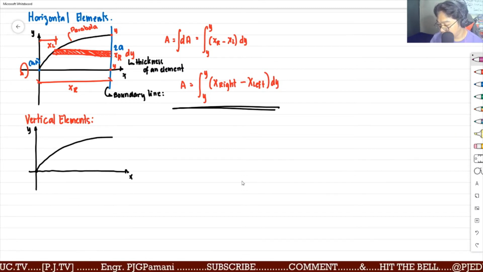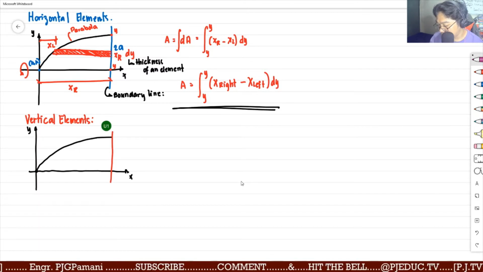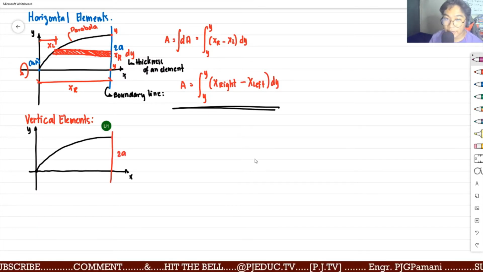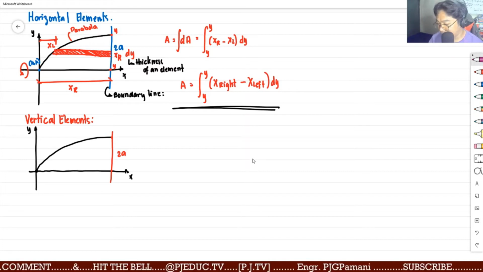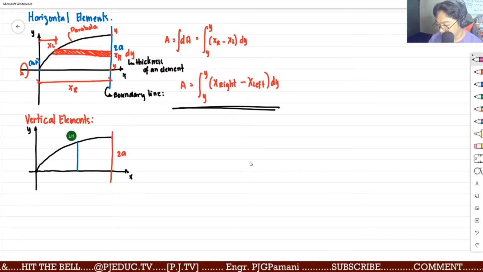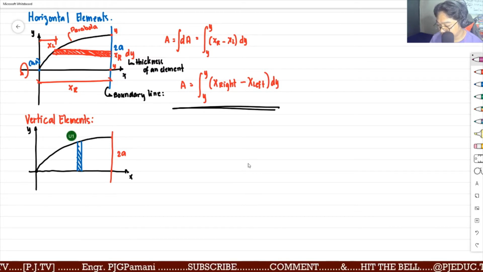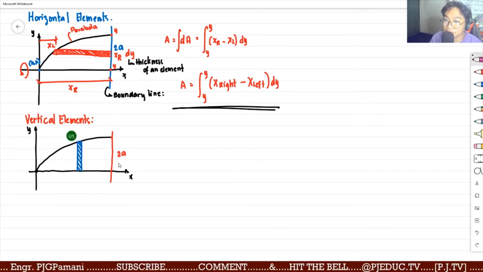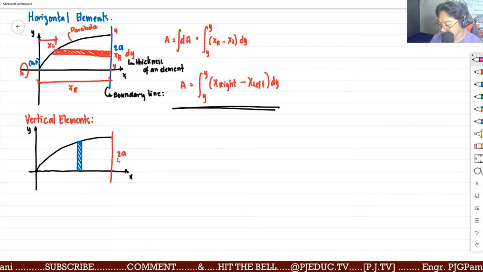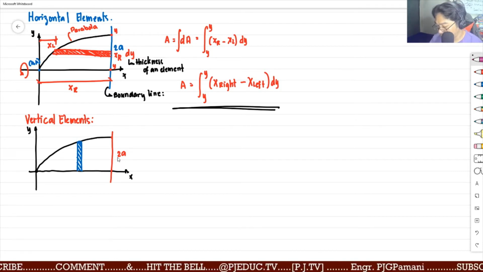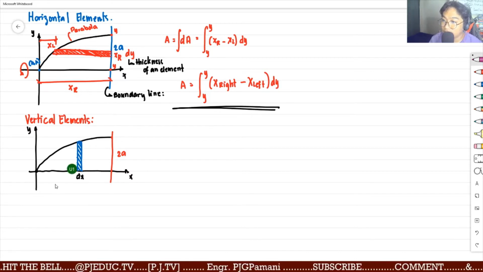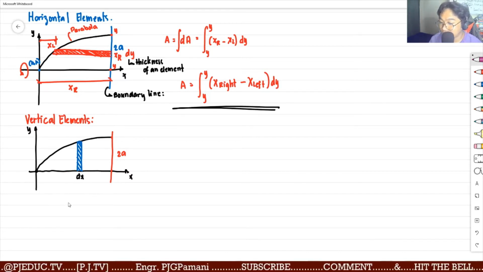Identify your boundary line where your focal length is. Then consider a vertical strip. In that vertical strip, we have dx, the thickness of the element strip that we consider.